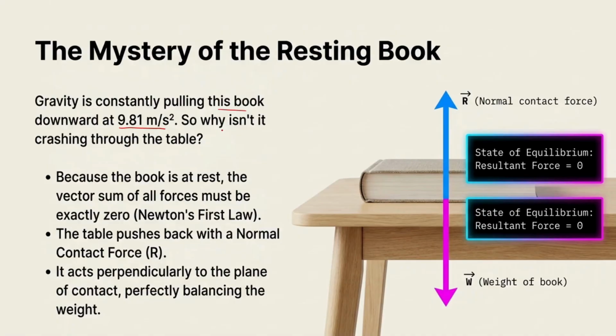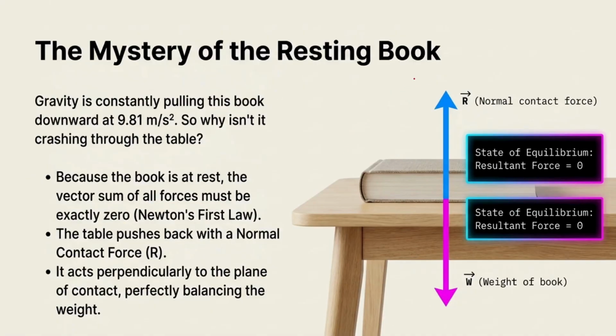So our question is, why isn't it crashing through this table? Answer: the reason behind it is that the book is at rest, so the vector sum of all forces must be zero, according to Newton's first law, which is also known as the law of inertia. The table pushes back with the normal contact force R, perpendicular to the plane of contact, perfectly balancing the weight, as we illustrate here.